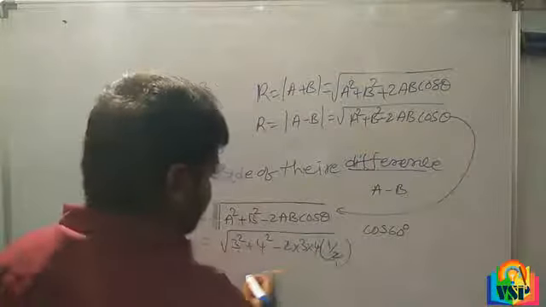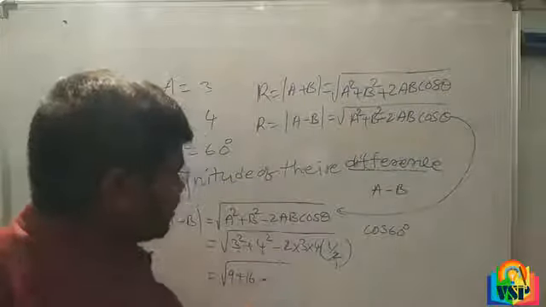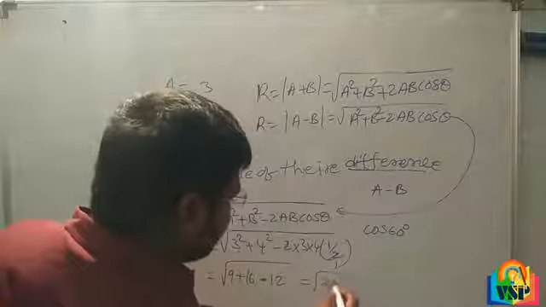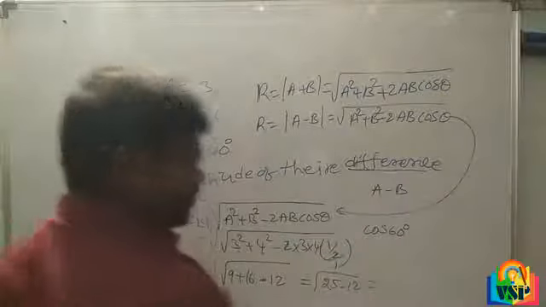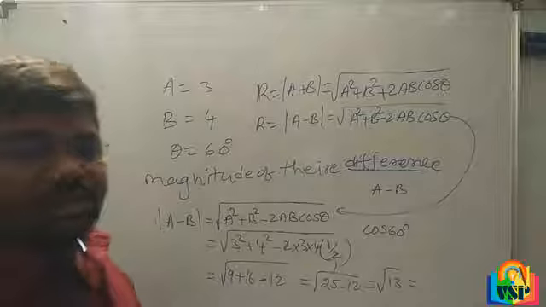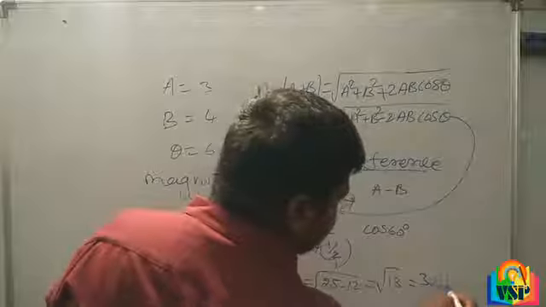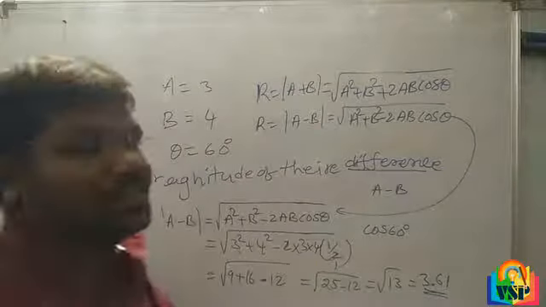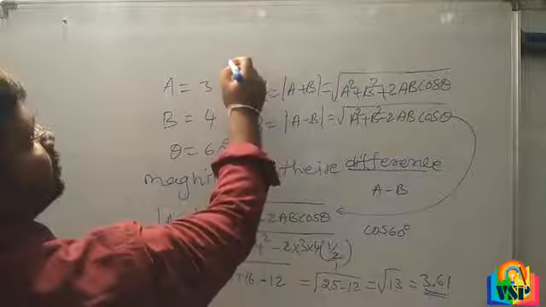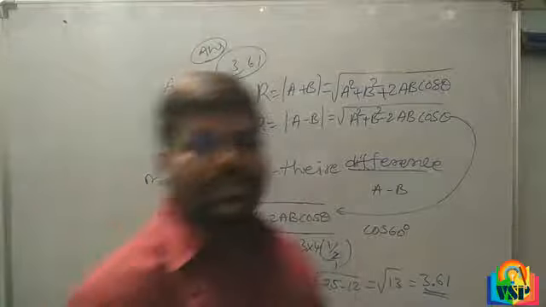The 2 and the 1 by 2 cancel. 3 square is 9 plus 16 minus 12. 9 plus 16 is 25, 25 minus 12 is equal to 13. Root 13, value 3.61. Answer is 3.61.